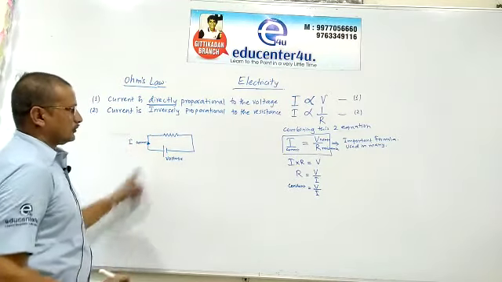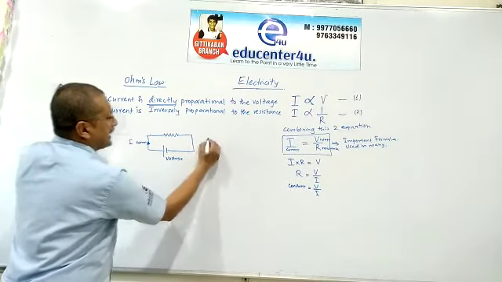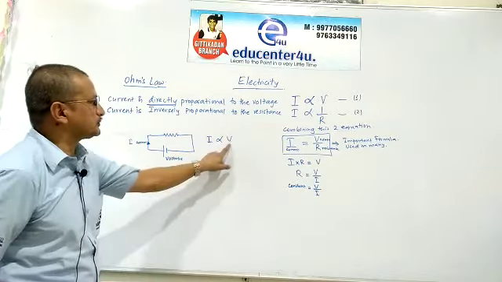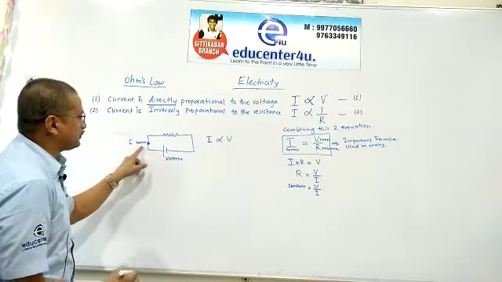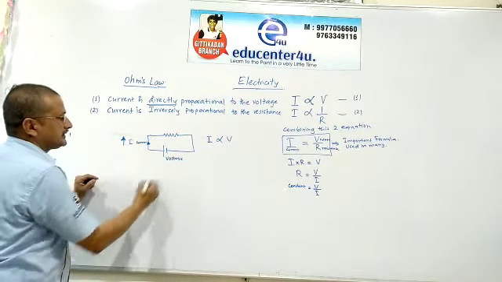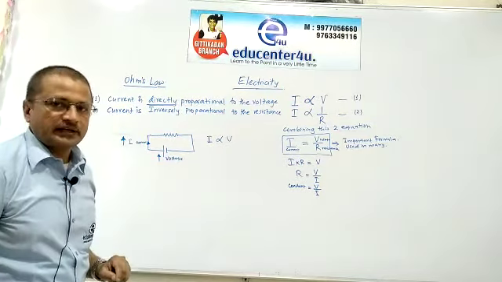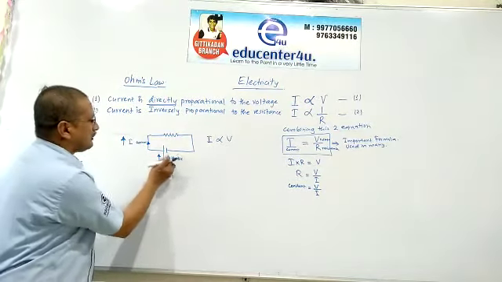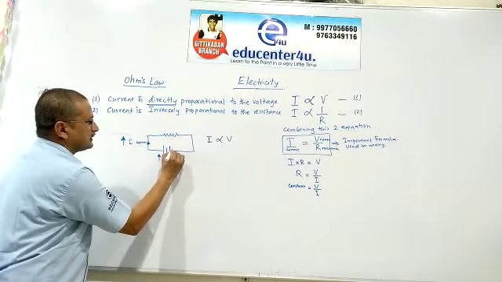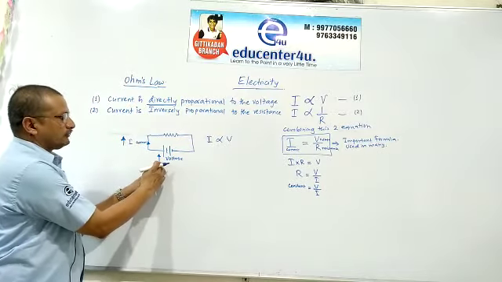So what does the first law say? The first law says that I is directly proportional to V. It means if you increase the voltage, the current will also increase. Suppose in place of one cell, you are combining two cells, so you are increasing the voltage.